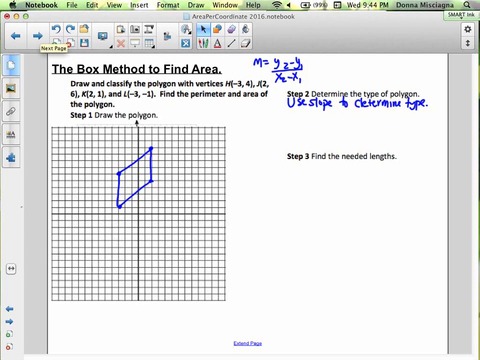All right, let's take a look at this figure. So we've got a nice little polygon there. What kind of polygon could that be? We're going to use slope to determine the type of polygon this is.